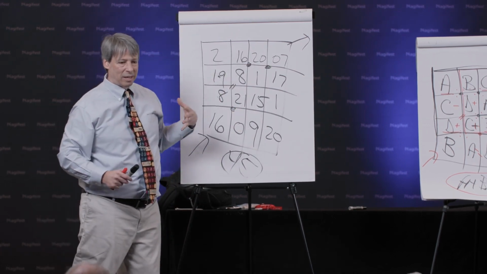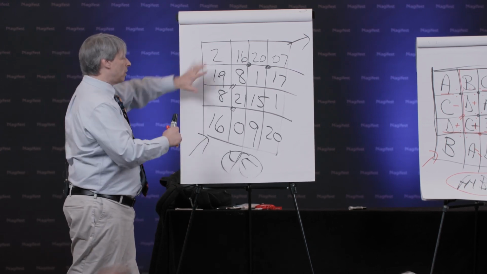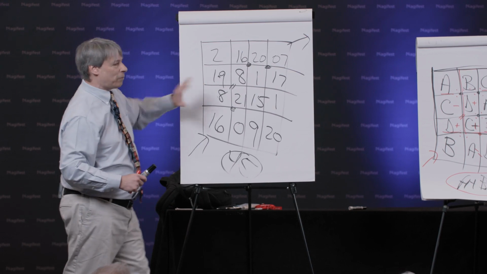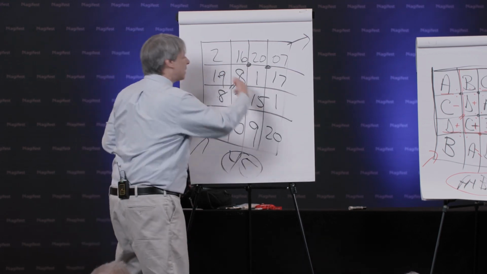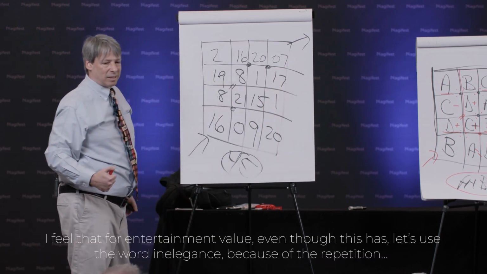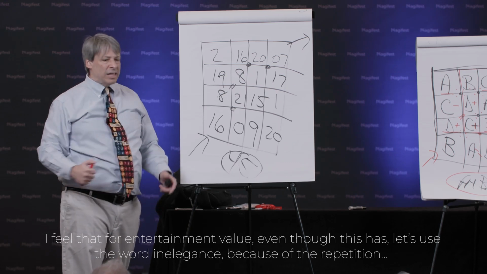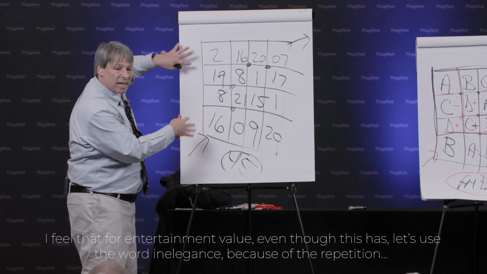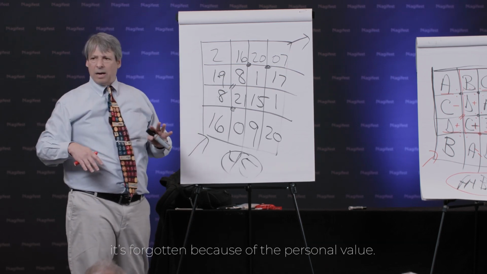I have other methods of doing magic squares where the magic square is nice and smooth. They're practically consecutive. The person on stage can choose the order, but it's not personalized by the birthday. For entertainment value, even though this has some aesthetic inelegance because of the repetition, it still overcomes it because of the personal value.